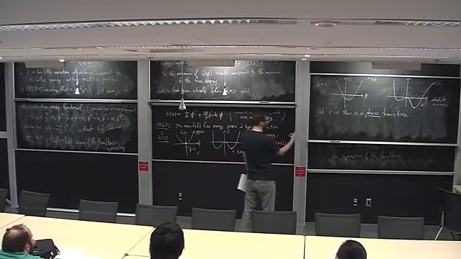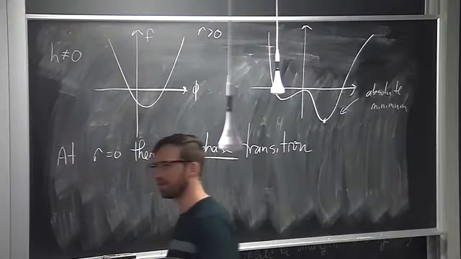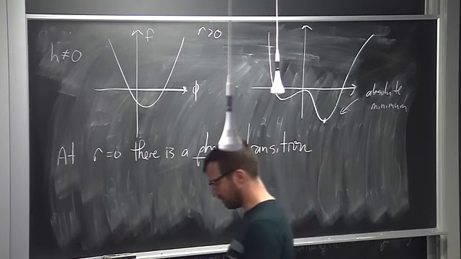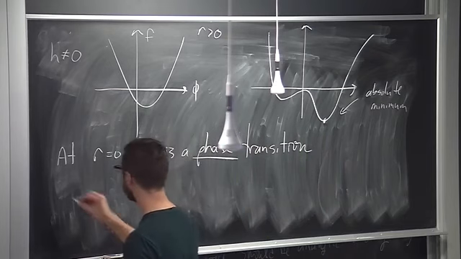So somehow that R has to have that temperature encoded into it. It's like the fundamental parameter that measures your distance from the phase transition.